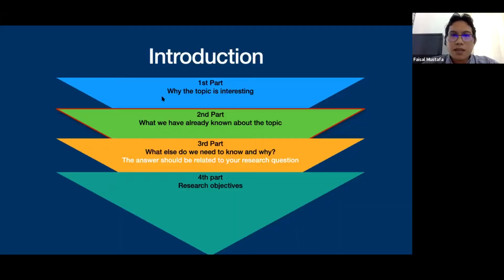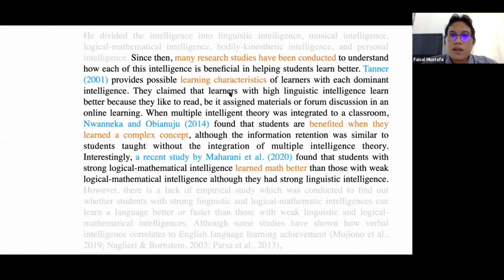And the second one is you need to present what we have already known about the topic. So if the topic is about multiple intelligences, you explain what we already know about multiple intelligences. This is the example. Since then, many research studies have been conducted, so we know a lot of things in this topic.